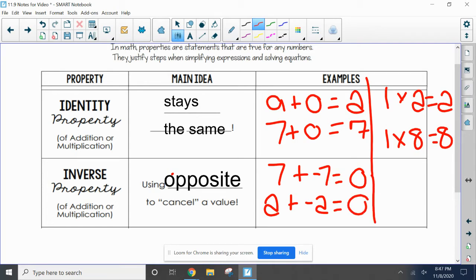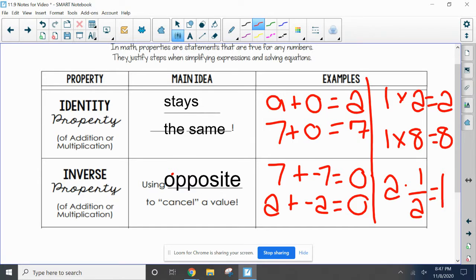So if you have a positive and a negative of the same number and you add them together, you're going to get 0. This also works for multiplication: if I had whole number A times 1 over A, I am going to get 1.